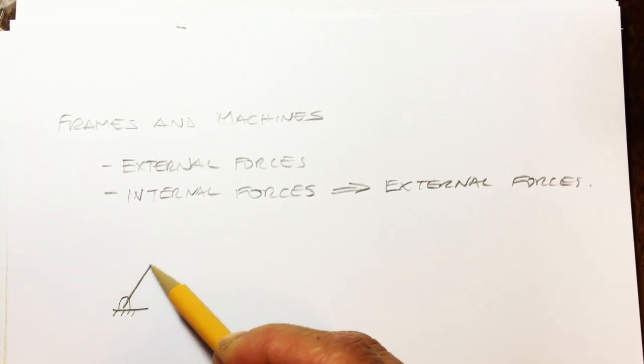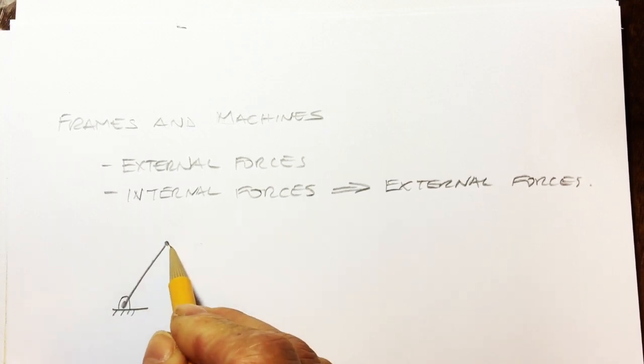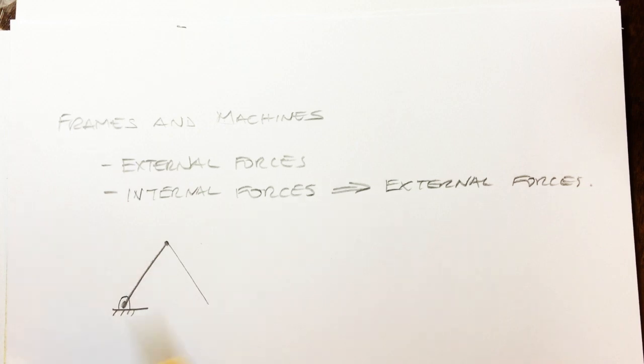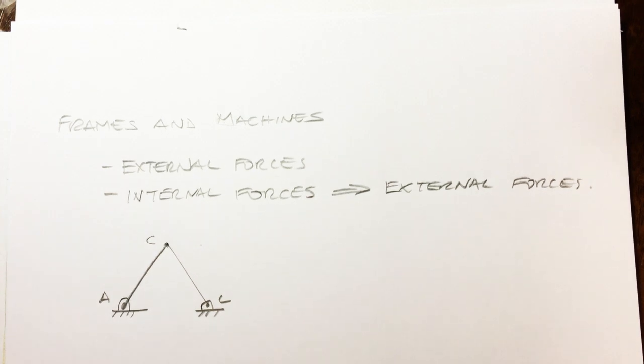So suppose I have a structure that's pin connected here. It's also pin connected there, and here we have another bar that's pin connected here. So we'll call this points A, C, and we'll also call this point B. And there's a little ledge right here that's attached to member BC, and it's fixed to it.